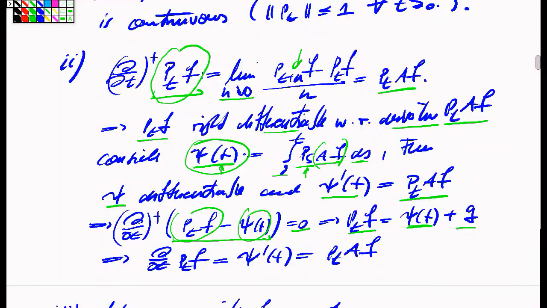Hence I can conclude that the full derivative of this PtF function as a function of t must coincide with the derivative of the psi function, because the function on the left-hand side differs from the right-hand side as a function of t only by a constant. Therefore, whenever the function on the right-hand side is differentiable with respect to the time parameter, then so must be the function on the left-hand side. And that gives us ultimately the differentiability of the Pt function as a function of time.